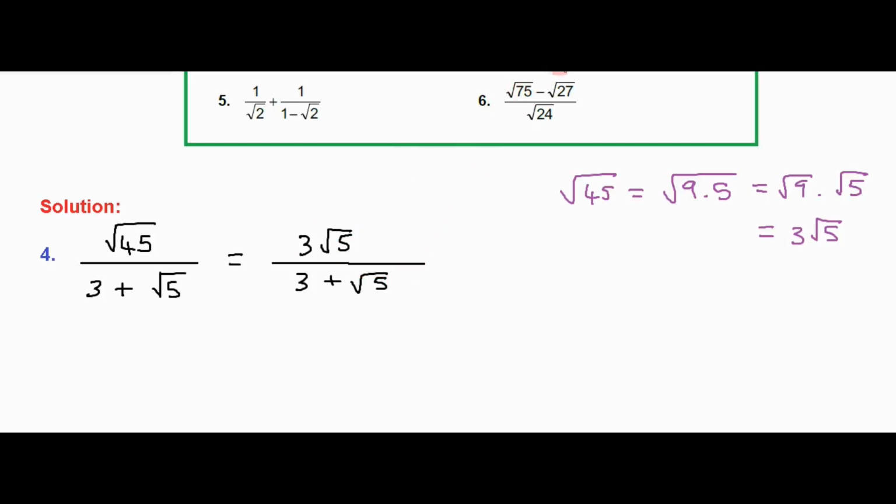Now we can rationalize, so we multiply both the numerator and the denominator by 3 minus root 5. So something that will give a difference of squares in a denominator.